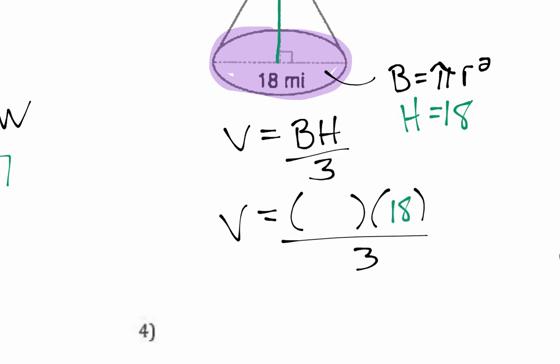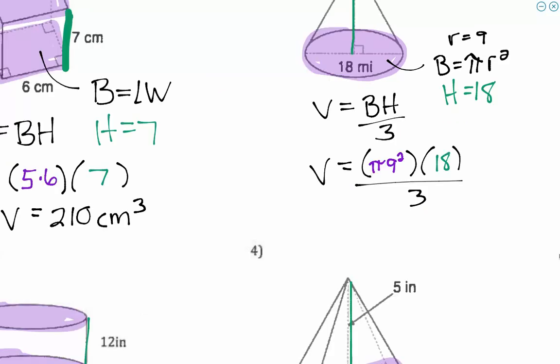My height is 18. My base is pi r squared. My r value is half of this diameter, so r is 18. I'm sorry, r is 9. So pi times 9 squared. So I will do 9 squared, which is 81, times pi.